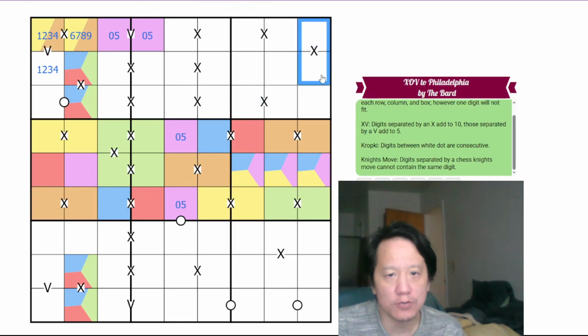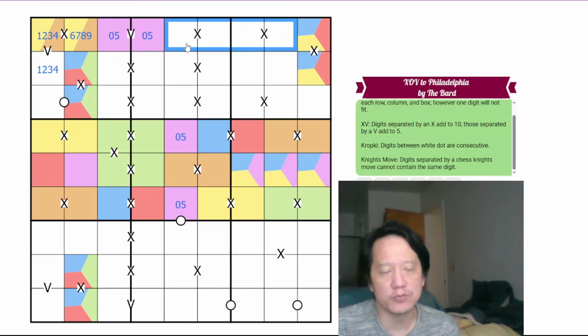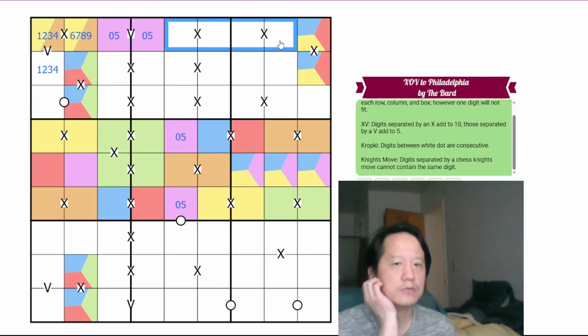This can't be orange or green. So this is red, blue, or yellow here. Which means green has to be one of these pairs here.